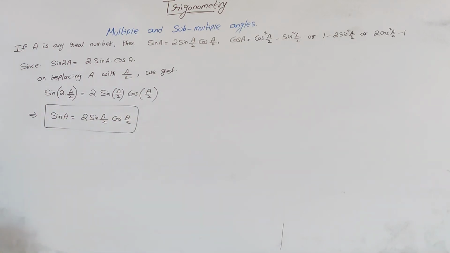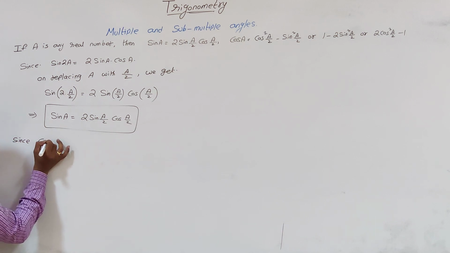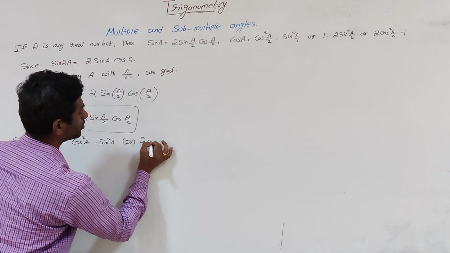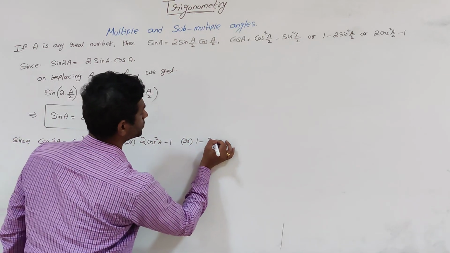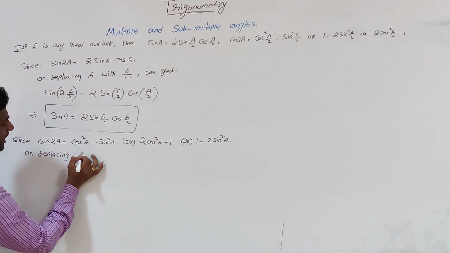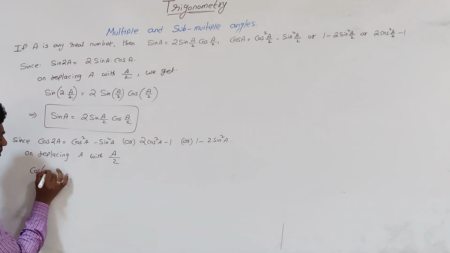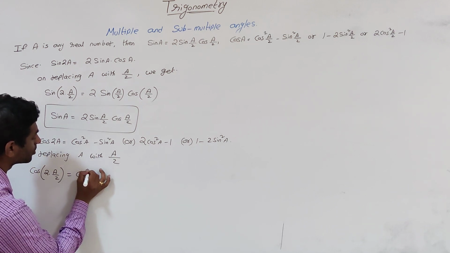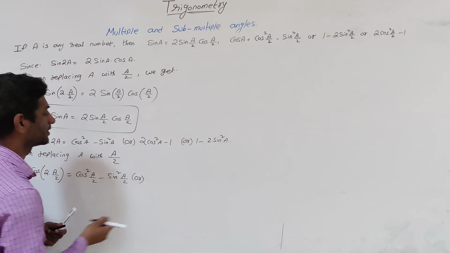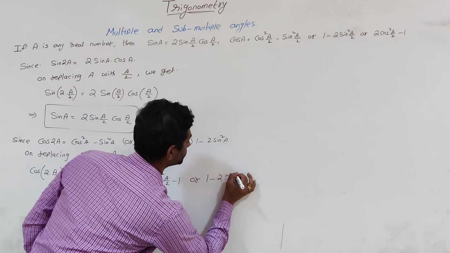Similarly, for cos 2A also, replace A with A by 2. Since cos 2A is cos square A minus sin square A, or 2 cos square A minus 1, or 1 minus 2 sin square A. On replacing A with A by 2, meaning half of the given angle, we get cos of 2 into A by 2 is equal to cos square A by 2 minus sin square A by 2, or 2 cos square A by 2 minus 1, or 1 minus 2 times sin square of A by 2.